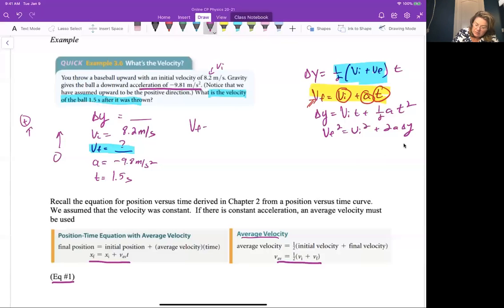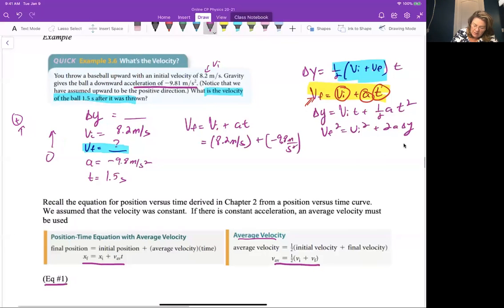V final is equal to V initial plus A times T, which is 8.2 meters per second plus negative 9.8 meters per second squared times 1.5 seconds.